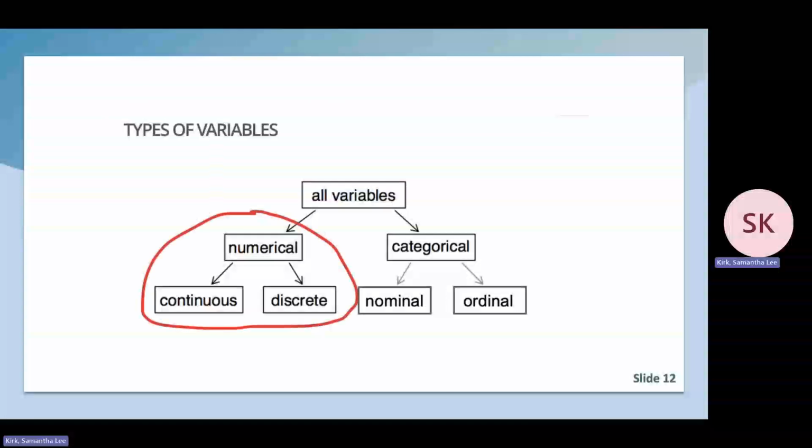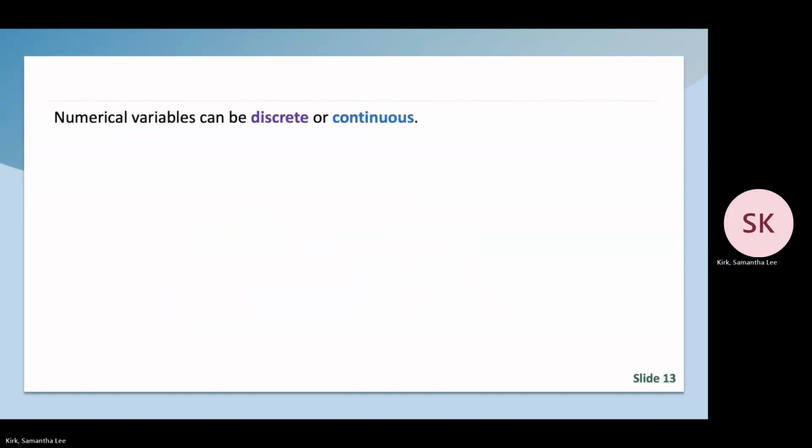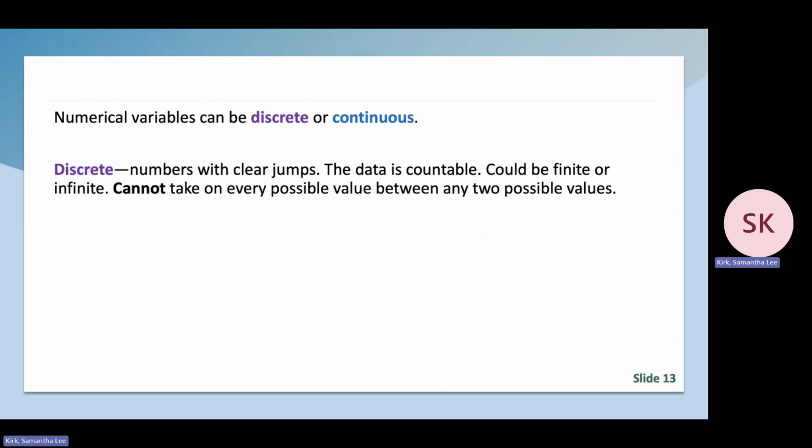Okay, let's focus on the numerical variables. So with numerical variables, we can split them into 2 categories. They're either continuous or discrete. So what is a discrete numerical variable? Well, it's a number with clear jumps. The data is countable and it can be finite or infinite, but it cannot take on every possible value between any 2 possible numbers.